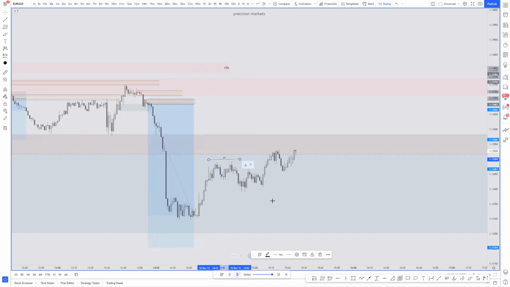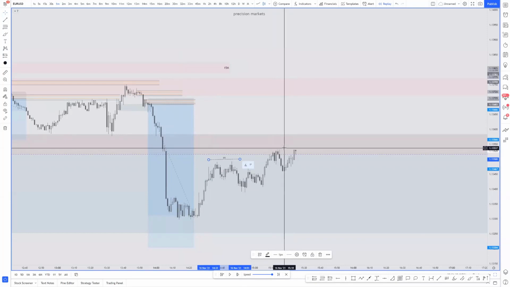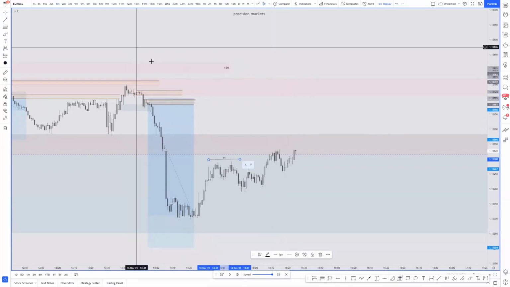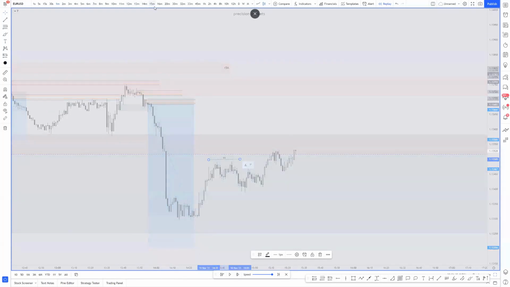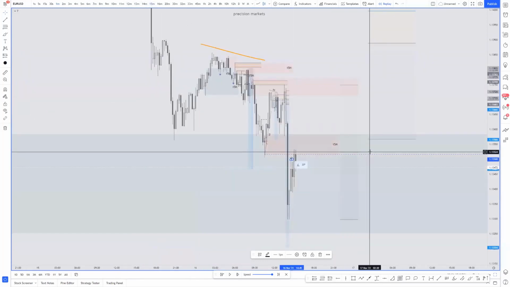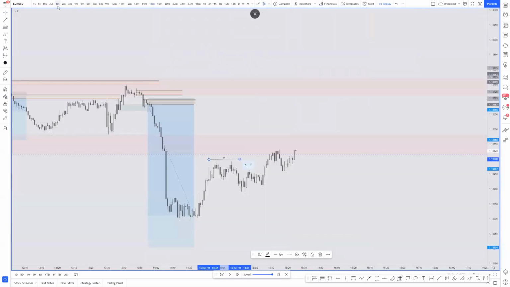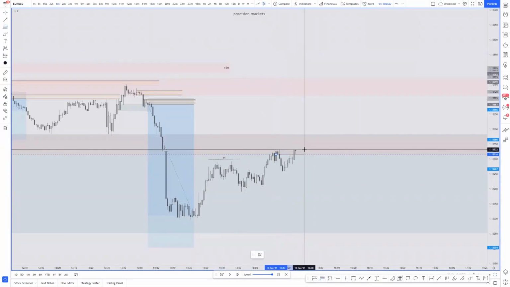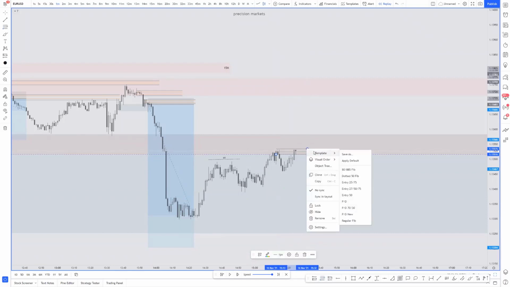Obviously, I don't get to trade London. So you did have a chalk here. You did take the inducement. You are bearish. On the fib side of things, you are just tapping into premium, actually. If you did want to take this because of your chalk, this could be a valid trade.